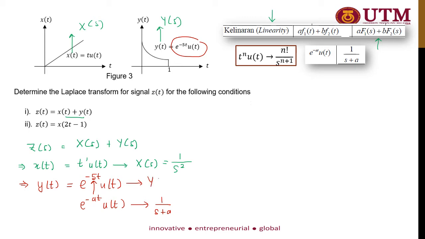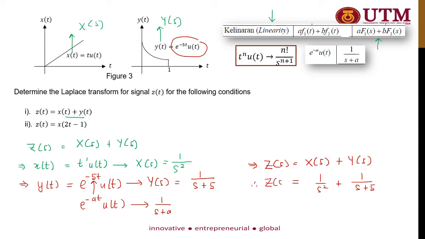Therefore, your Y(s) equals 1 over s plus 5. Okay, so you have both components in hand. Now you can calculate Z(s). Z(s) equals X(s) plus Y(s), so your X(s) is 1 over s squared plus Y(s), which is 1 over s plus 5. So this is your Z(s).